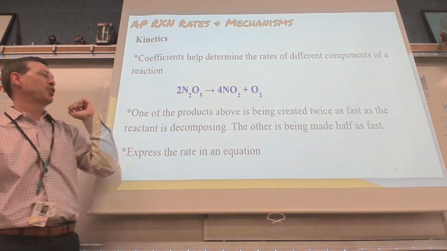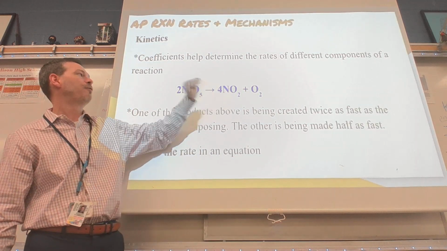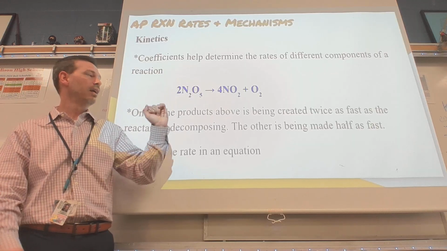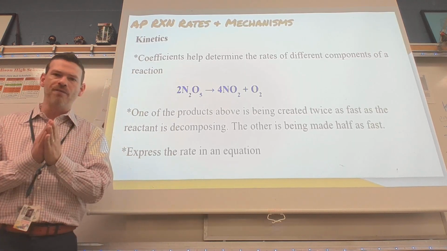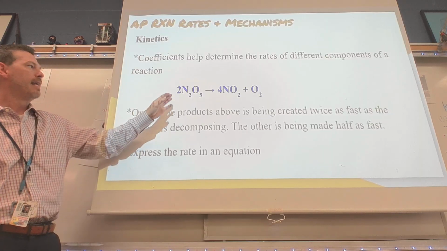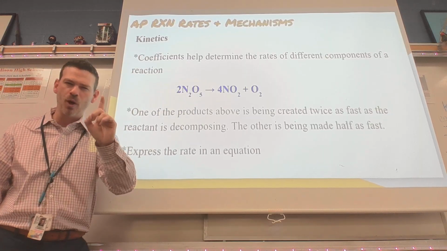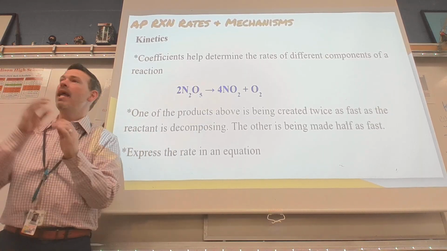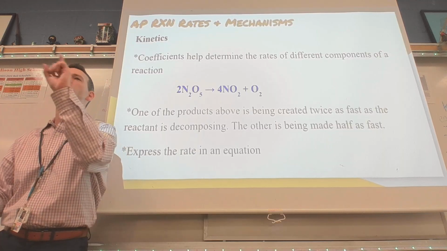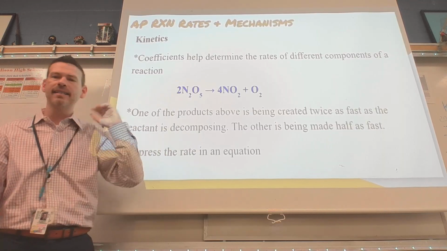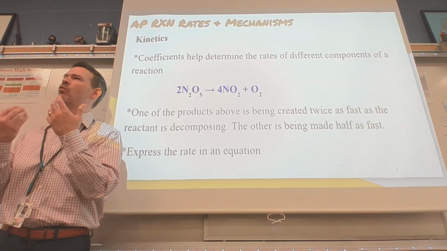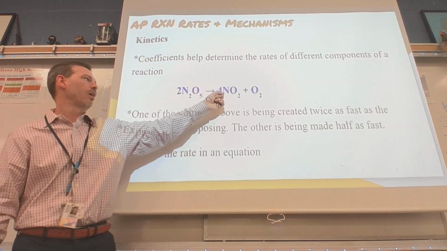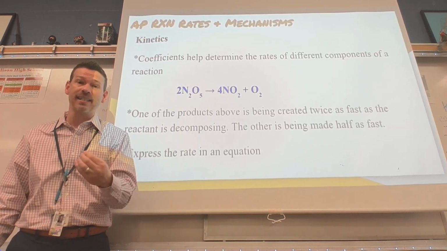This has 2 dinitrogen pentaoxides producing 4 nitrogen dioxides and oxygen. But if you look at the coefficients, what you'll see is that the first product, the nitrogen dioxide, is being created twice as fast as the reactant is reacting. Do you see that ratio?